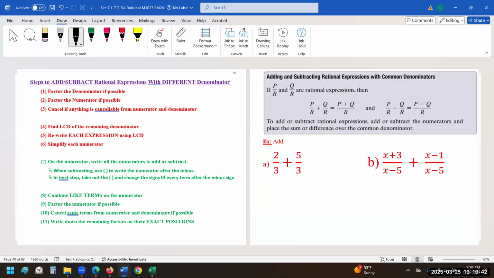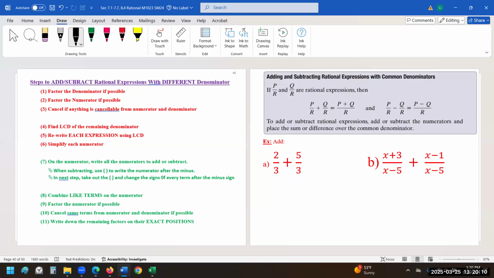Do the actual addition and subtraction. When you do addition or subtraction of fractions, there are 2 scenarios. Either we have the same denominator or we don't have the same denominator. If you do have the same denominators, your life is easy, because all you have to do is keep the denominator and combine the top. That's all you have to do.